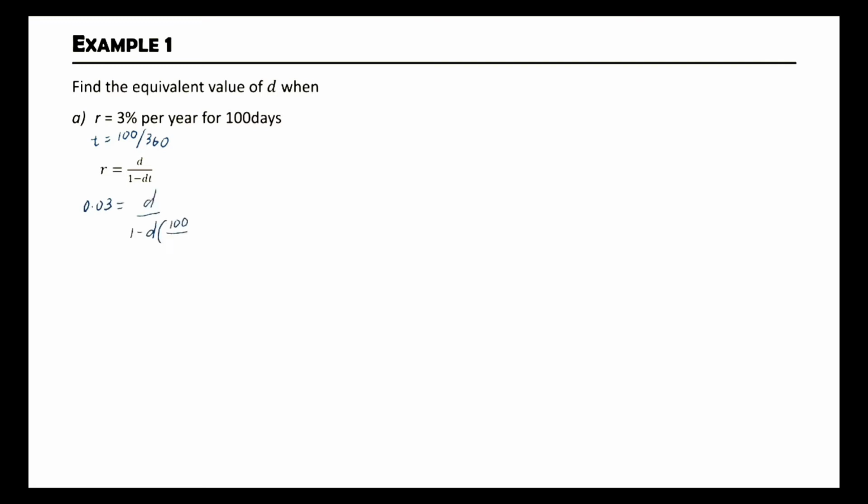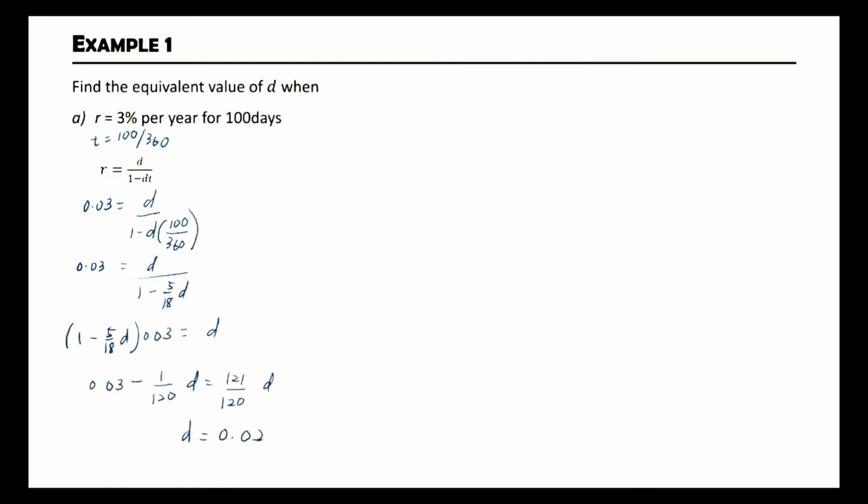Simplify for R: R equals 0.03 over (1 - 5/18 times 0.03), which gives 0.0298. Change to rate, times 100, 2.98%.